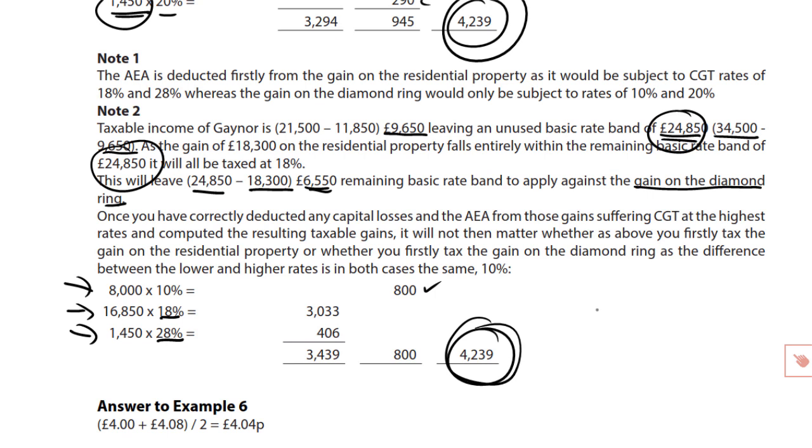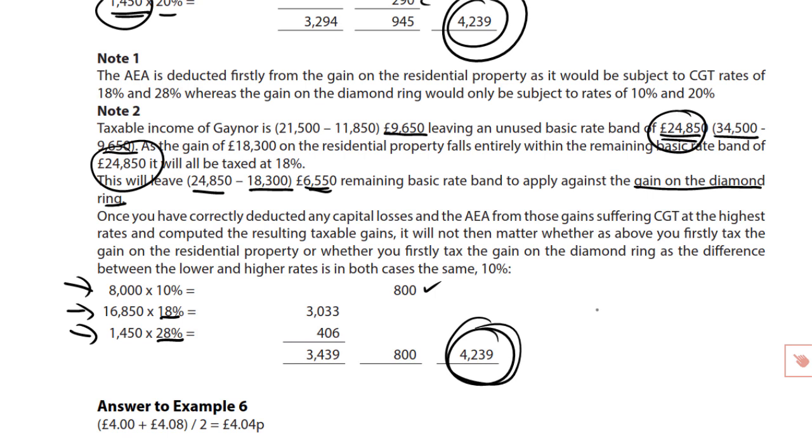Once you've got the taxable gain, split if necessary, as in this question, between residential property and any other gains, we can then proceed to tax, but only once we know, is there any basic rate band remaining?